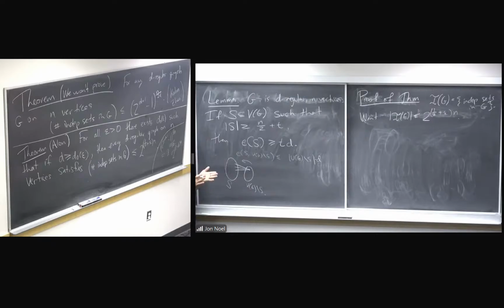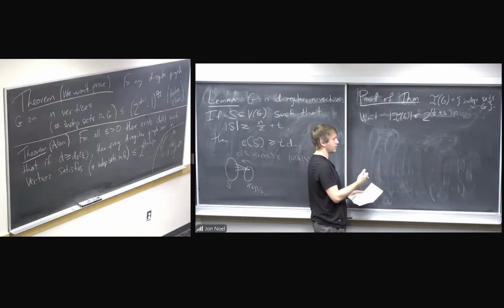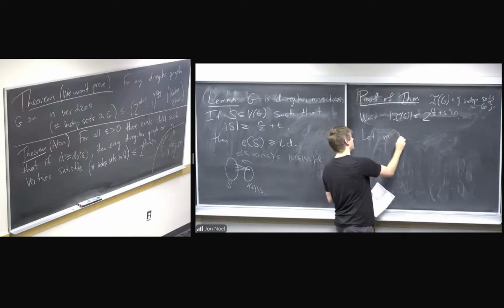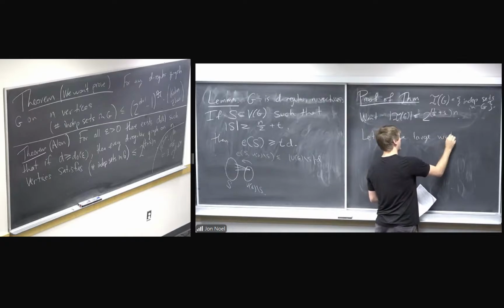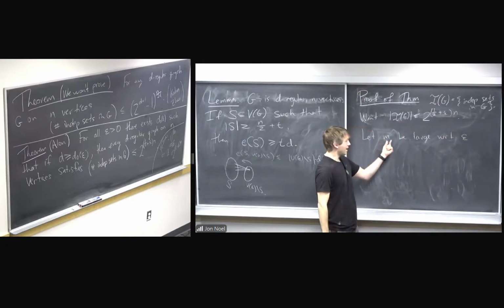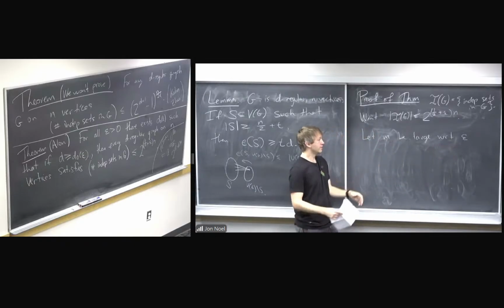So let's pick a few parameters, but maybe we'll talk about them later. I'll just say let M be large with respect to epsilon. What I mean by that is the smaller epsilon is, the larger M is. So as epsilon gets smaller, you make M larger.